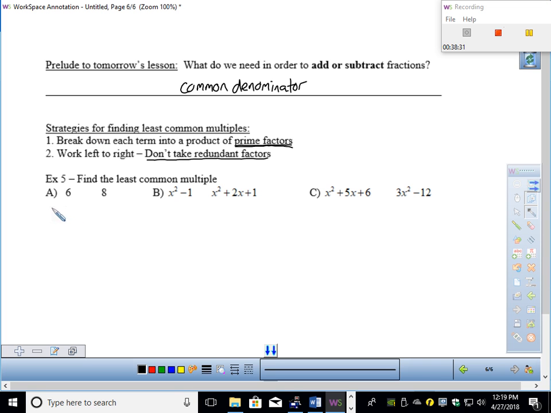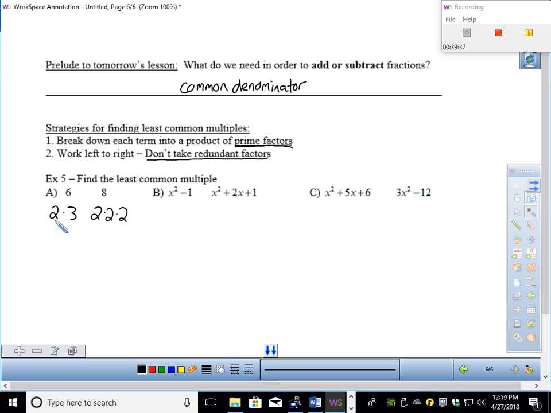So primes, everybody. So 6 is 2 times 3. 8 is 2 times 2 times 2, all prime numbers. Now here's the idea as we look to create that 24, which is the least common multiple. I'm going to work left to right.